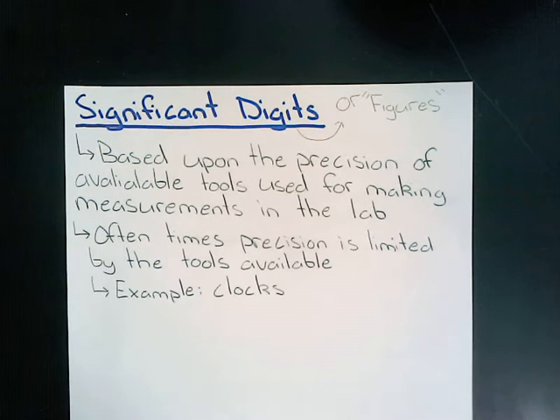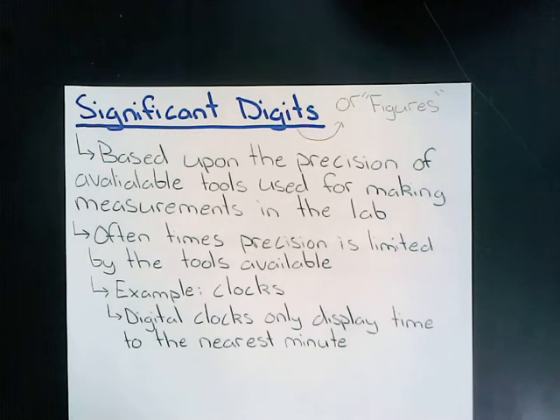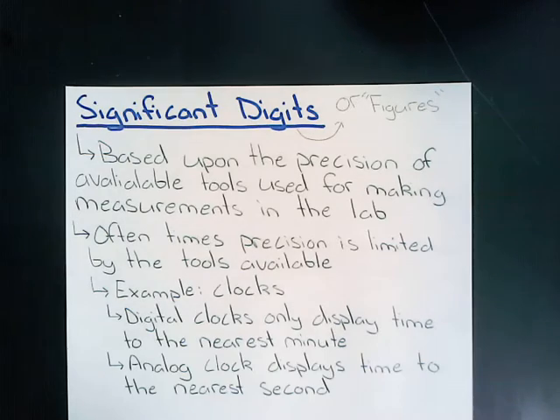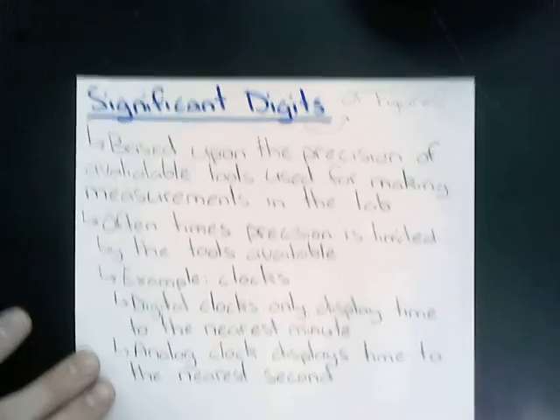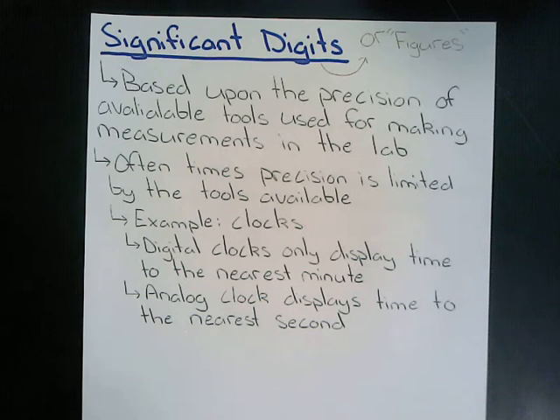If we have a digital clock, it's only going to display the time to the nearest minute, whereas an analog clock would display time to the nearest second with that second hand it has. Because of these two facts, the analog clock would be more precise than the digital clock.